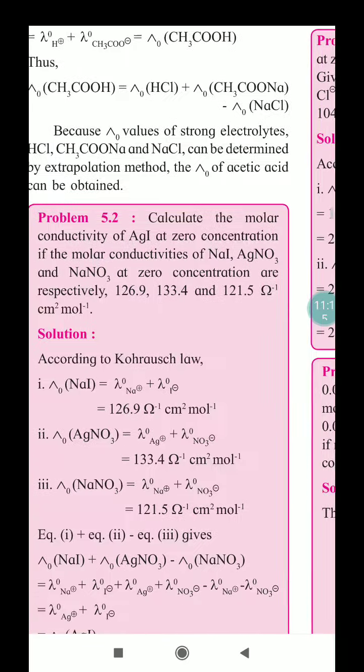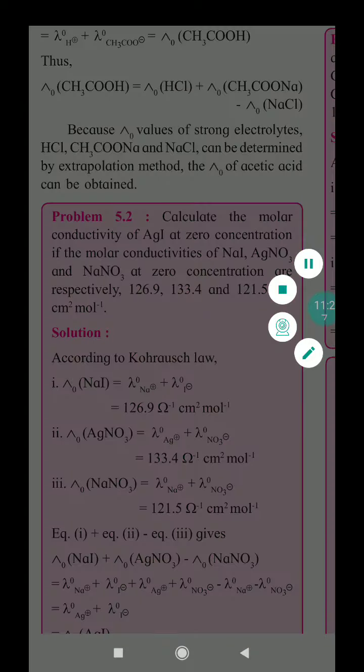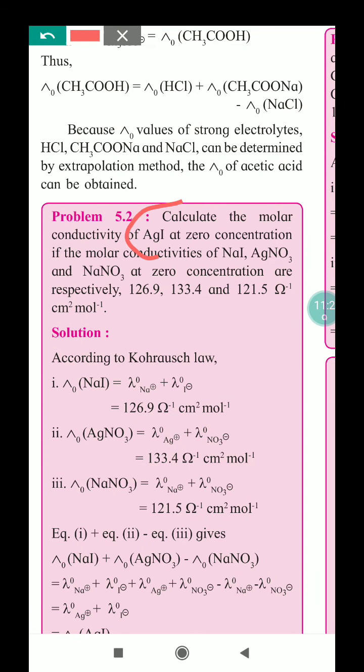Okay, now we solve some textbook problems. Calculate the molar conductivity of AgI at 0 concentration, if the molar conductivities of NaI, AgNO3 and NaNO3 are given. From these three molecules we have to calculate the molar conductivity of AgI.